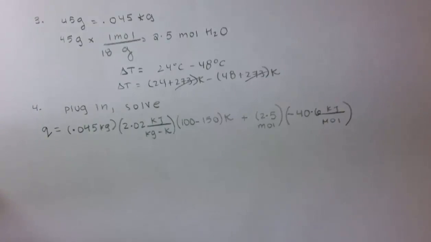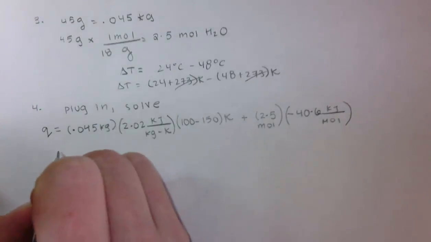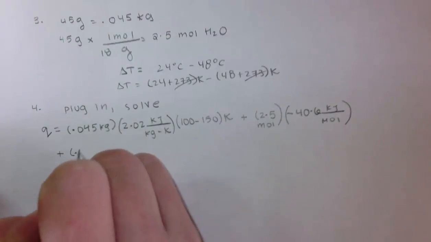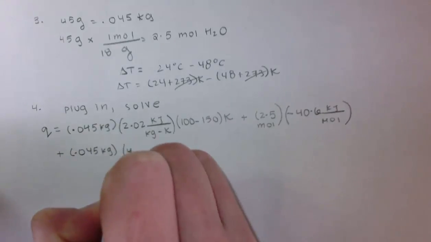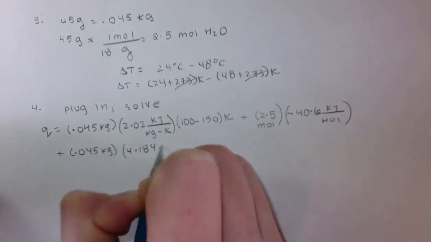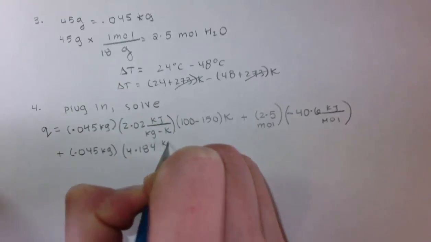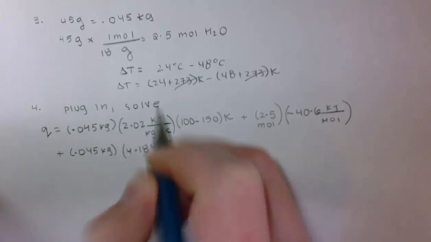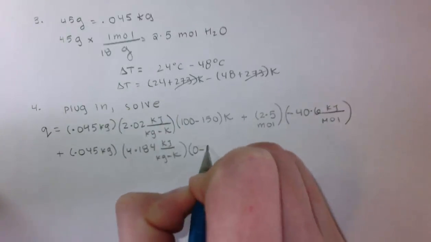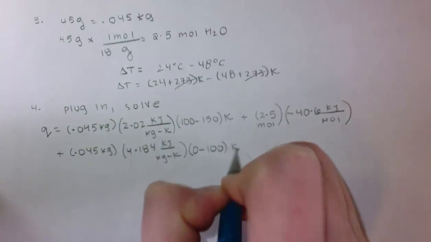And then after that, we transition to a liquid at 0 degrees Celsius. So again, it's going to be our mass, 0.45 kilograms, times the sensible heat of our liquid H2O, and times our temperature change, which is 0 minus 100 Kelvin.